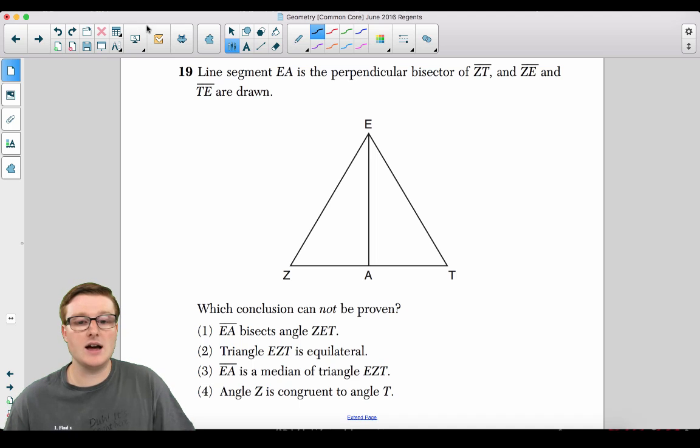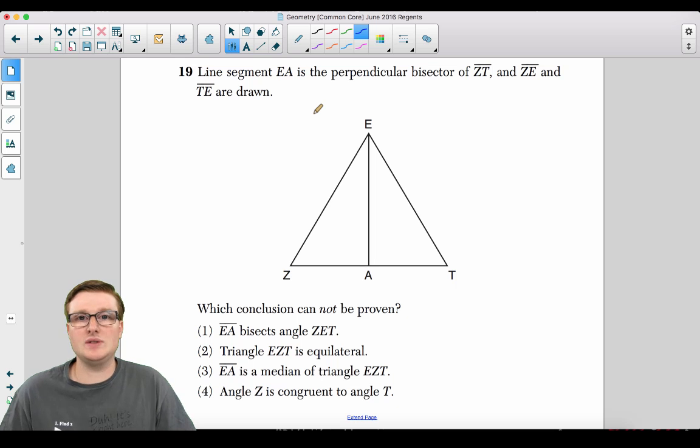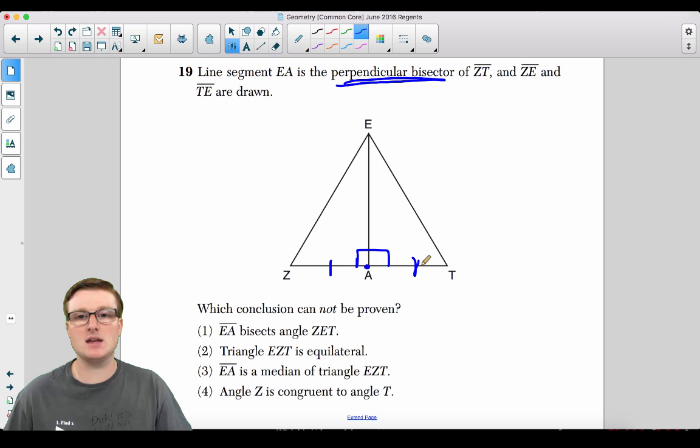All right, number 19. Line segment EA is the perpendicular bisector of ZT, and ZE and TE are drawn. Okay, perpendicular bisector. Well, a perpendicular bisector forms right angles, and it bisects the line segment. So ZA is congruent to AT because of the definition of a bisector, and it's perpendicular, so these are right angles.